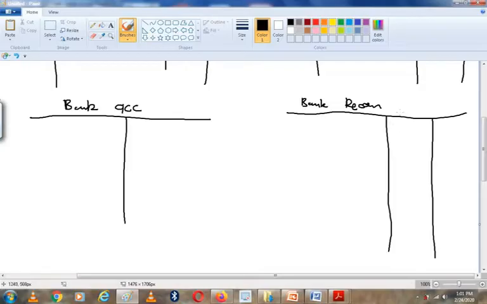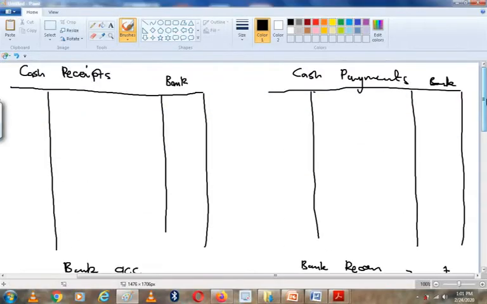Alright, and always remember that money coming into the bank account will be positive on the credit of the bank recon, and those going out will be negative there on the debit. Right. So we have drawn our accounts there.